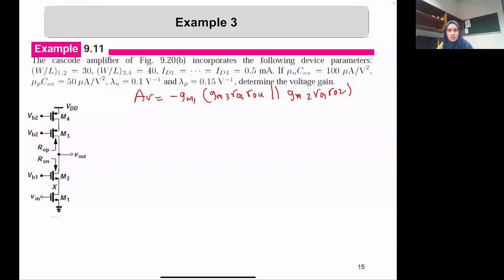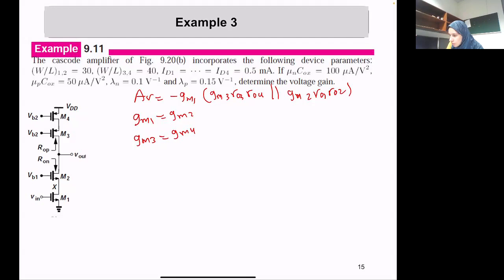Since the sizes of M1 and M2 are the same, Gm1 will equal Gm2. Similarly, Gm3 will equal Gm4, because the current is the same through them and their sizes are the same.